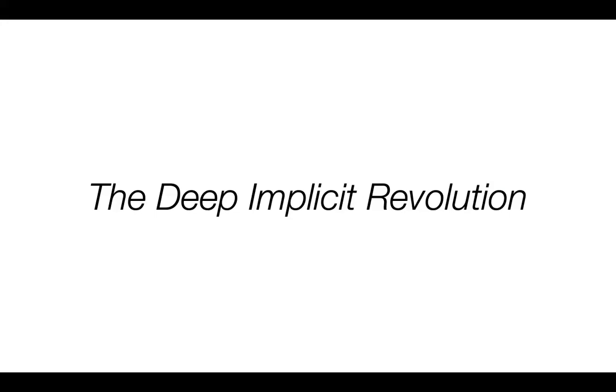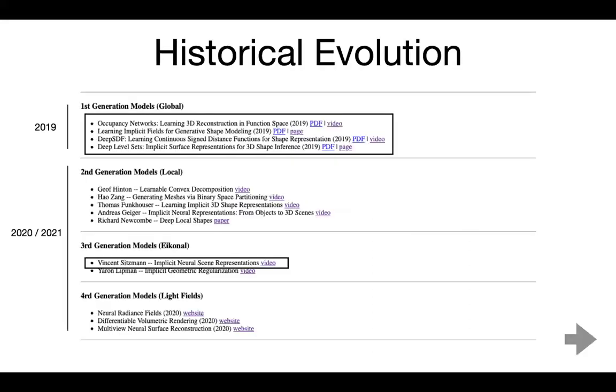And then comes the deep implicit revolution, where the community of researchers designed the first implicit neural networks and showed the results. To give a historical perspective, in 2019, at the same conference, CVPR, 4 papers appeared, all dealing with the first generation models of neural implicit surfaces.